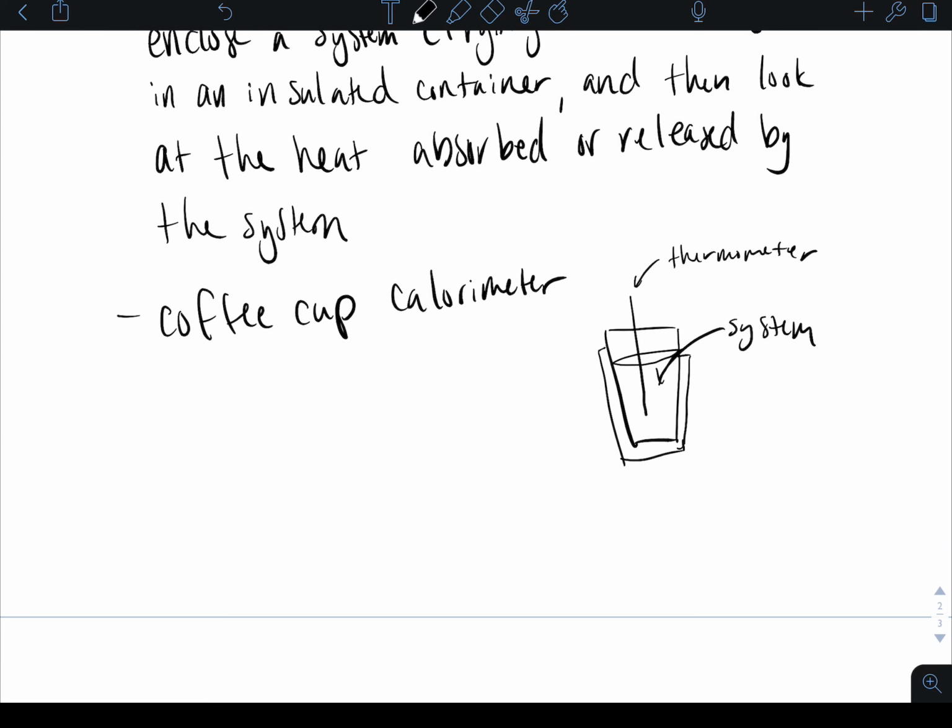Sometimes it's a system plus surroundings if you've got an aqueous reaction. So this is usually an aqueous reaction going on, and that aqueous reaction's temperature change is going to be observed on the thermometer. So what we're looking at with a coffee cup calorimeter is the delta H for that reaction.